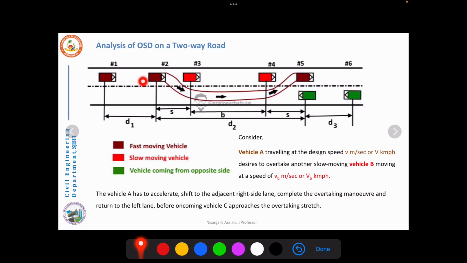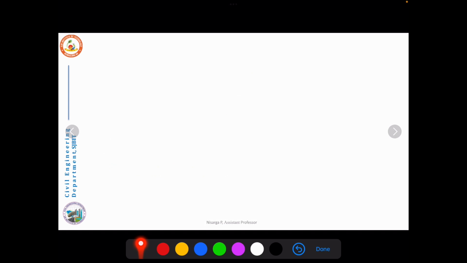When the fast moving vehicle overtakes the slow moving vehicle, vehicle A accelerates and shifts to the adjacent lane, and then it comes back to the original lane to complete the overtaking operation before the vehicle coming from the opposite direction approaches the overtaking stretch. If this happens, we can consider that it is a safe overtaking operation.